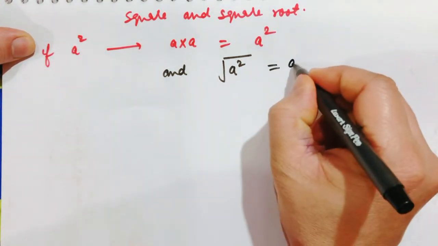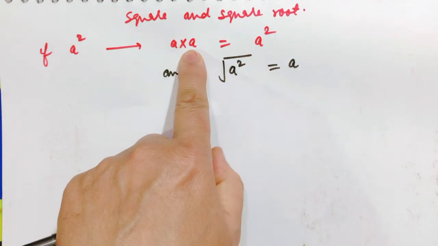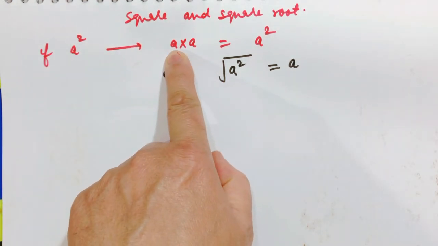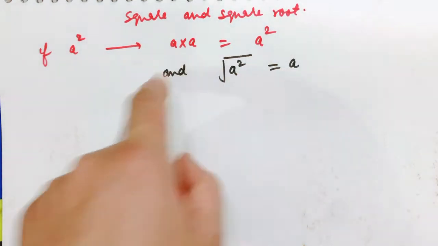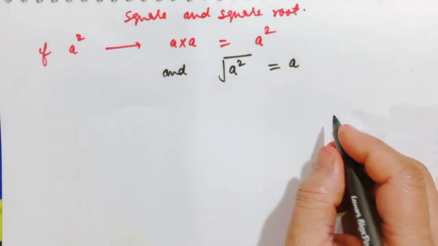We will get the same number a. Meaning a square is the square of a, but when you find the root of a square you will get only one a. Okay.